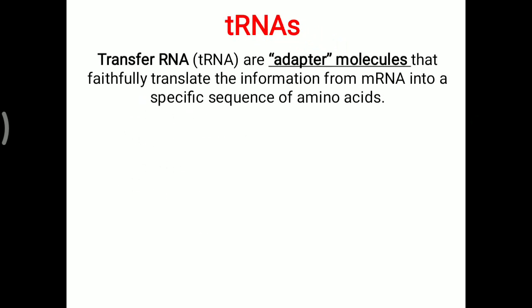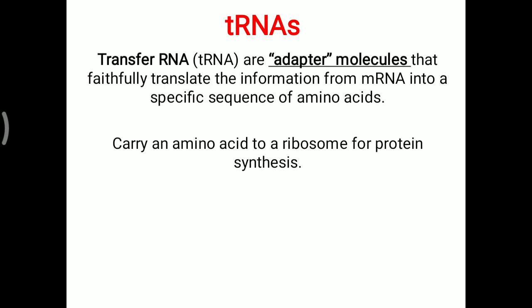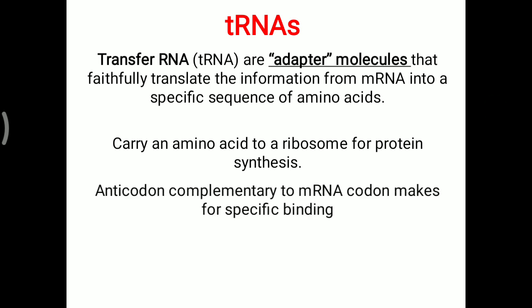Now, these tRNAs are considered the adapter molecules that faithfully translate the information from mRNA into a specific sequence of amino acids. So according to the genetic codon on the mRNA, a particular amino acid sequence is added with the help of tRNA. So tRNA carries an amino acid to a ribosome for protein synthesis.